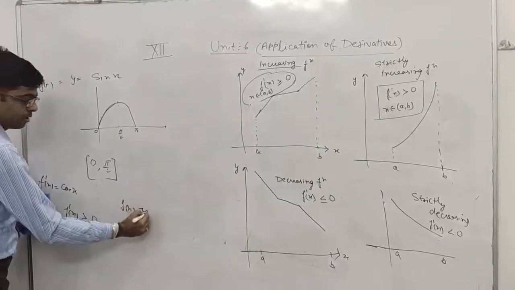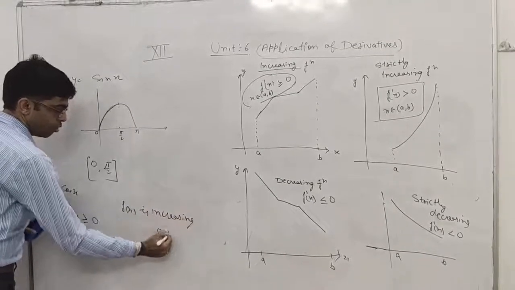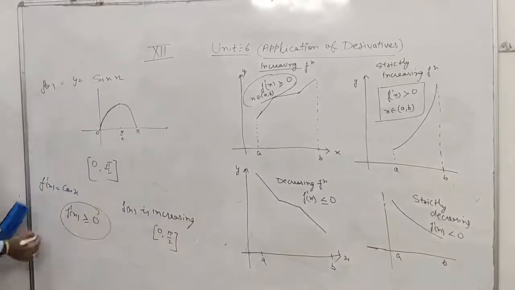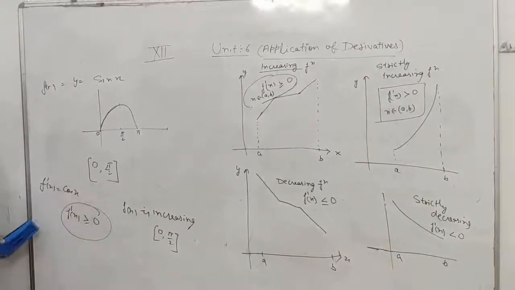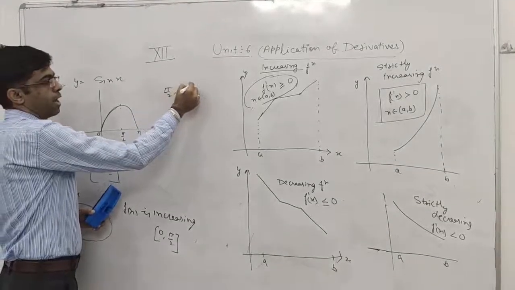So this function f x is increasing in 0 to pi by 2 close interval में, f dash x greater भी रहेगा और equals to 0 भी रहेगा. Now what happen at pi by 2 to pi?